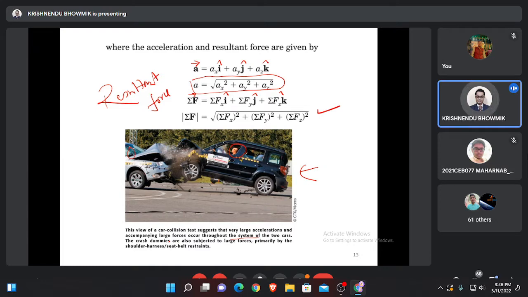This is called crashworthiness, or impact problems.